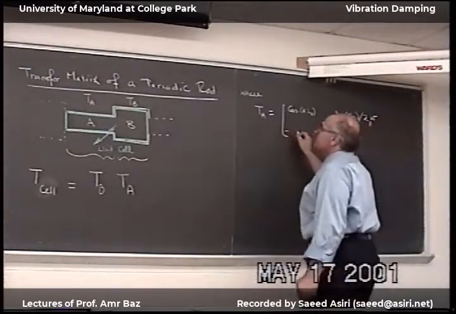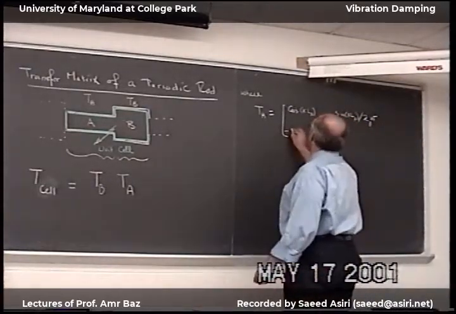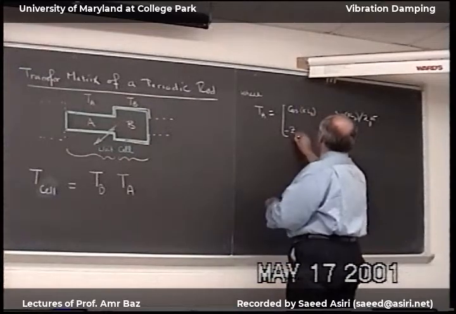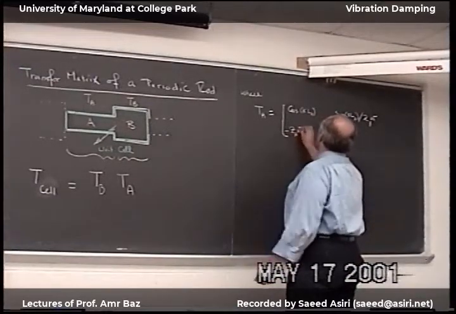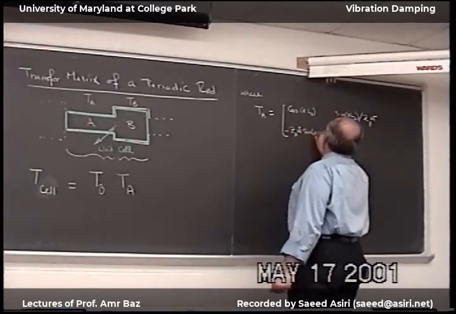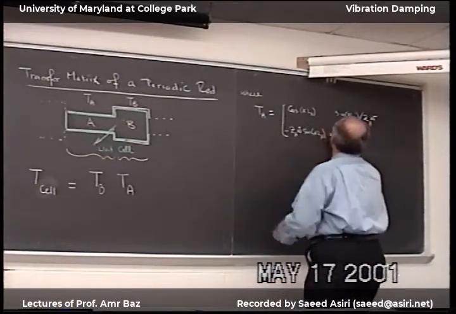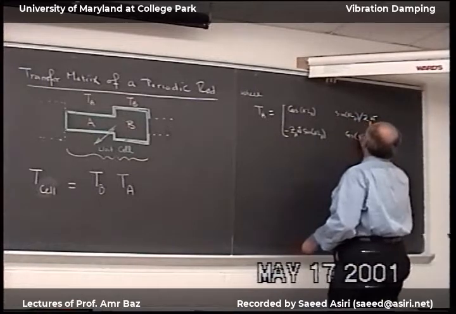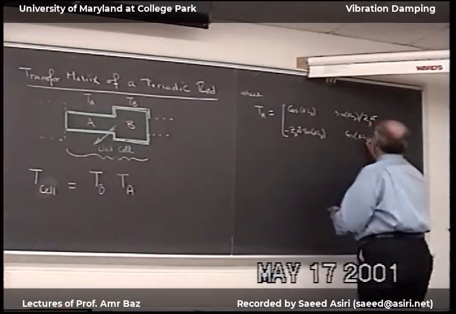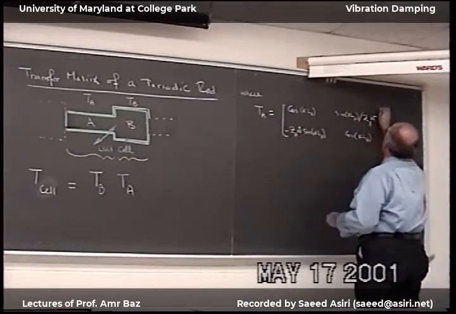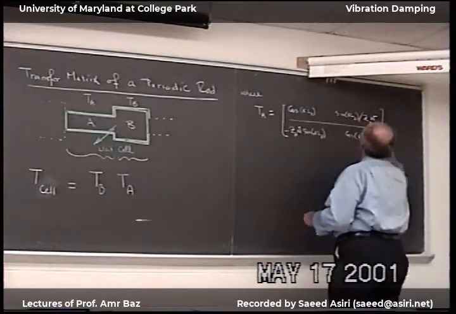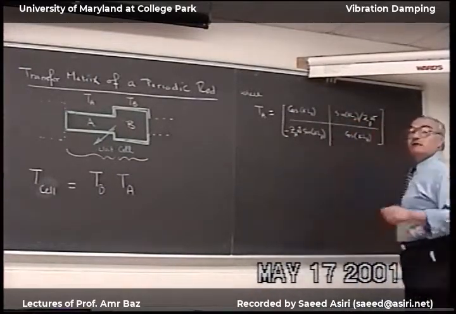And then here minus sine, ZA omega L of A, and then here cosine KL of A. Then the same for B.